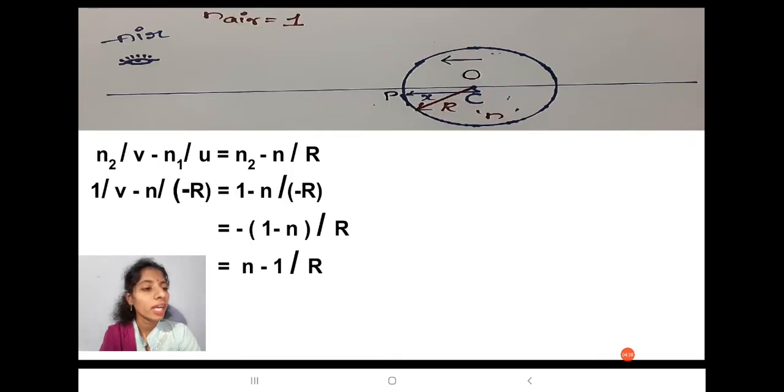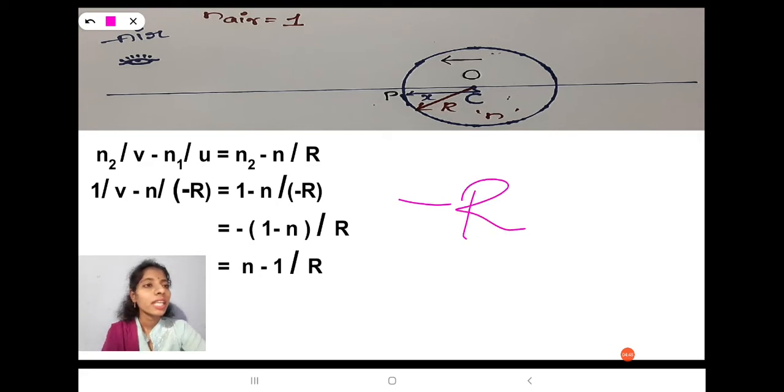So here we are taking the value as minus R, because the incident ray direction is like this, and we measure the distance of the object from the pole like this. So this is opposite to the incident ray.